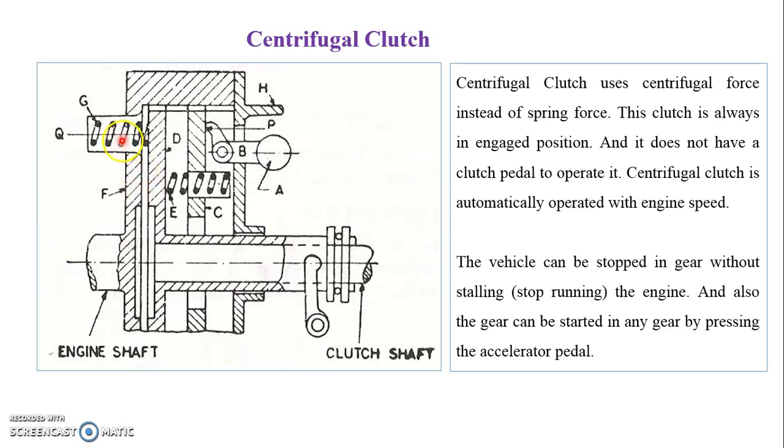Now spring G. Spring G serves to keep the clutch disengaged at low engine RPM. When engine RPM falls below the design value, for example 600 RPM, this G is going to disengage D. So spring G serves to keep the clutch disengaged at low speed, say 600 RPM.